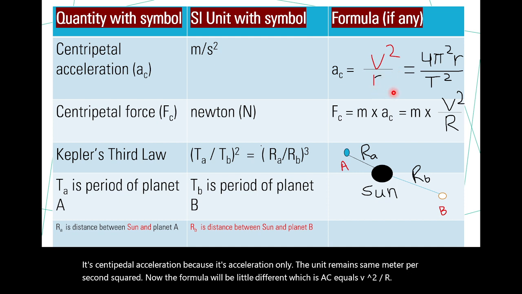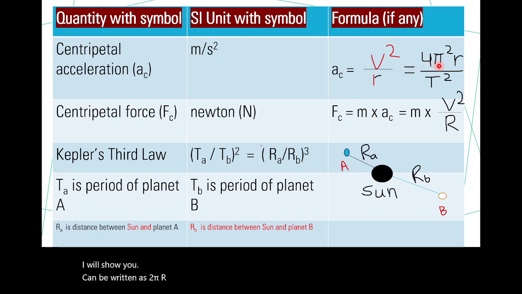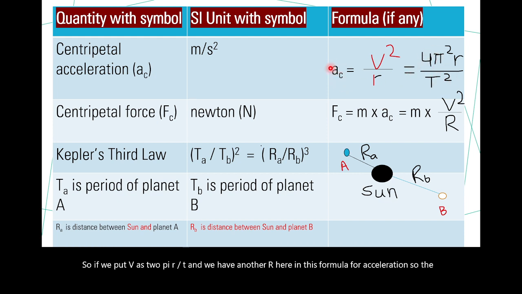I will show you that V can be written as 2 pi R over T. If we put V as 2 pi R divided by T, and we have another R in this formula for acceleration, the formula for centripetal acceleration can be written as 4 pi squared R divided by T squared.